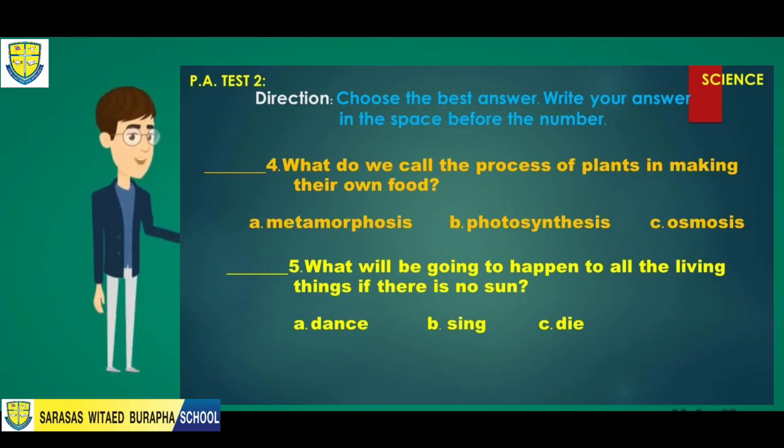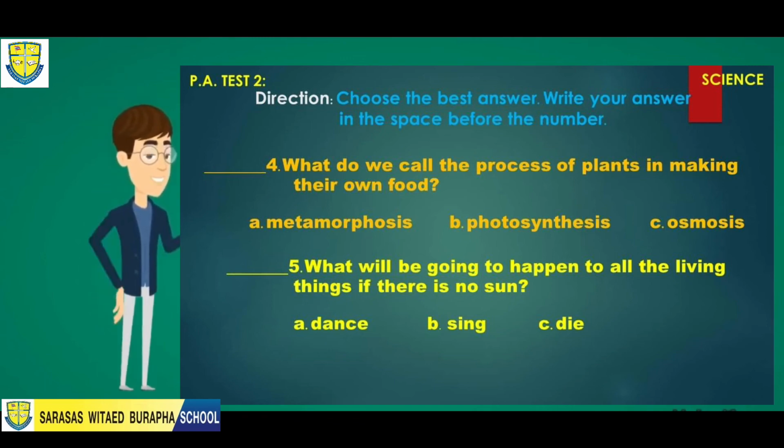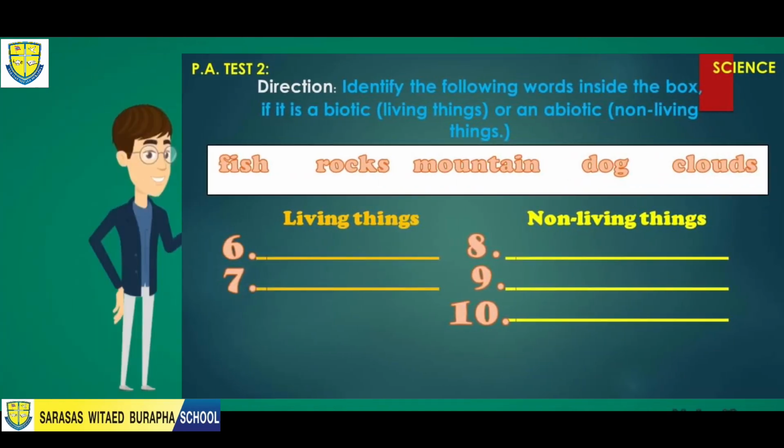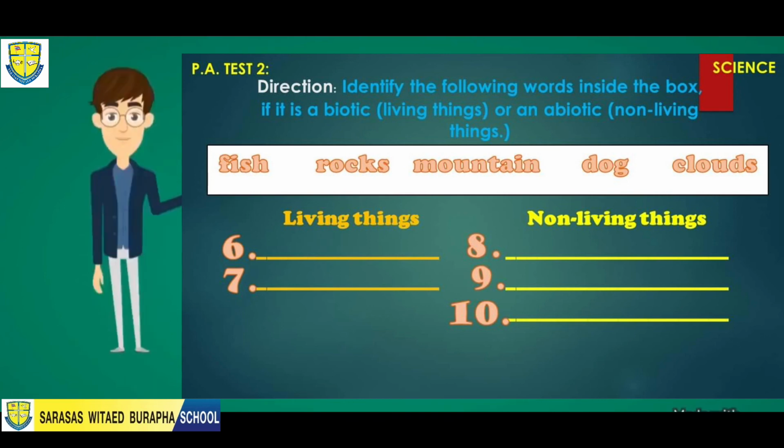What is going to happen to all the living things if there is no sun? A. Dance. B. Sing. Or C. Die. For number 6, 7, 8, 9, and 10, this is the direction.